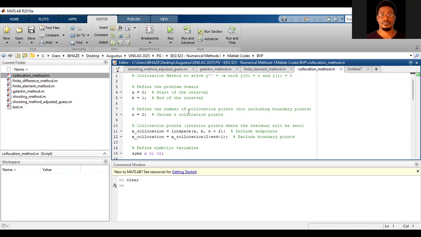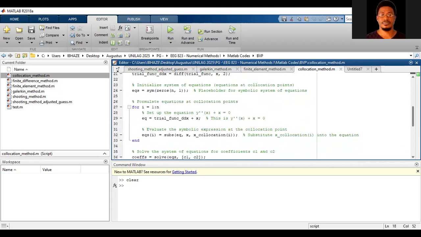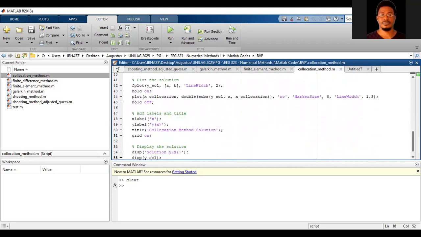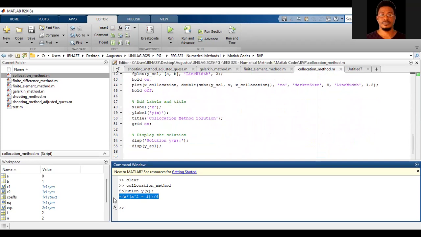Then we've defined the number of collocation points to be 2, and the interior collocation points where the residual will be 0 have also been specified. We define the symbolic variables and then the trial function, which is a polynomial basis function, as described in the analytical example. Then we can initialize. And what do we have? Which is the same as the solution we got.